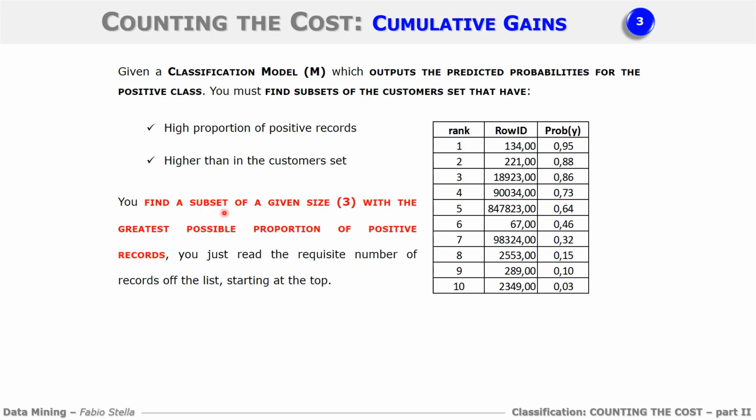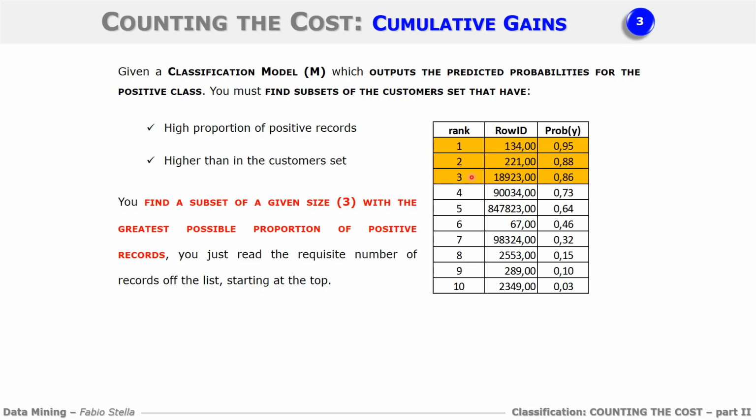You then find a subset of a given size, for example 3, with the greatest possible proportion of positive records. You just read the requisite number of records of the list starting at the top. So you get this table and you read the first 3 records to obtain the following subset selection.